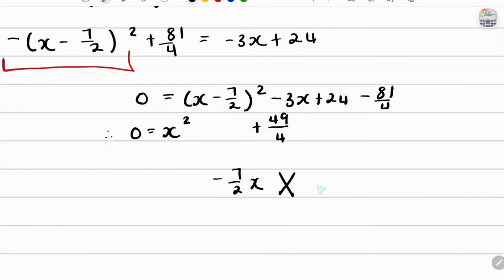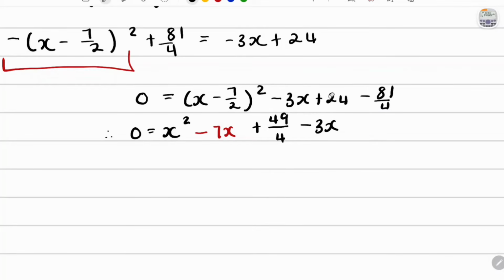Then you multiply that by 2. The 2 on the numerator cancels with the denominator here, and you'll be left with negative 7x in the middle. So it's square the first term, square the last term, multiply the first and the second term, and then multiply it by 2. Then we have minus 3x, and then the numbers.